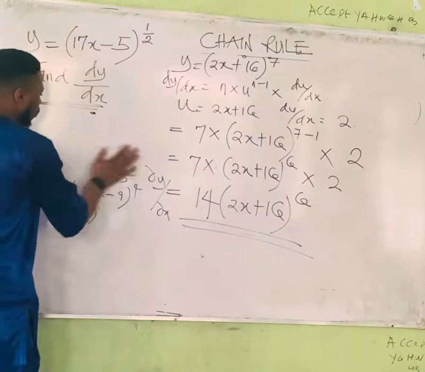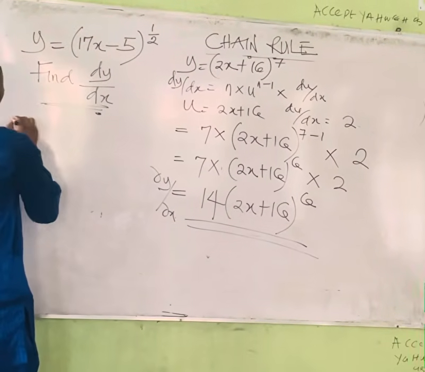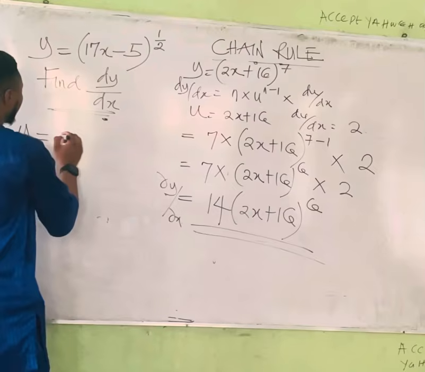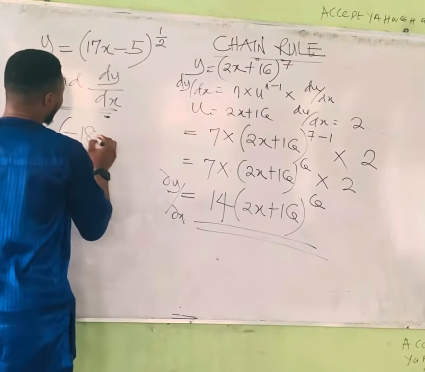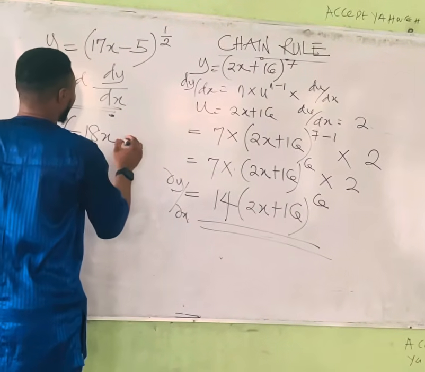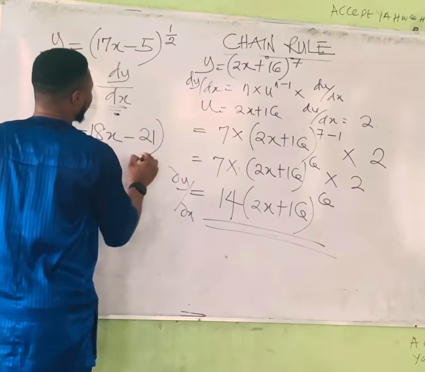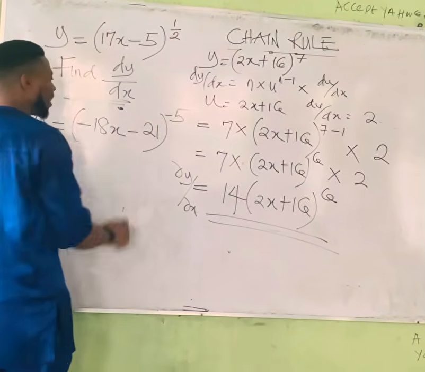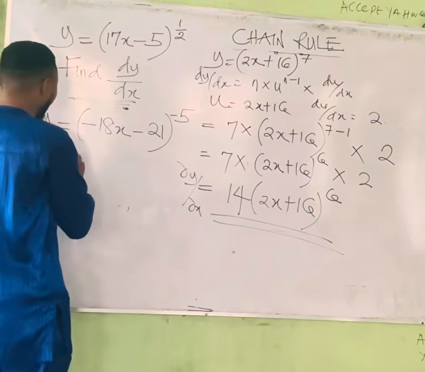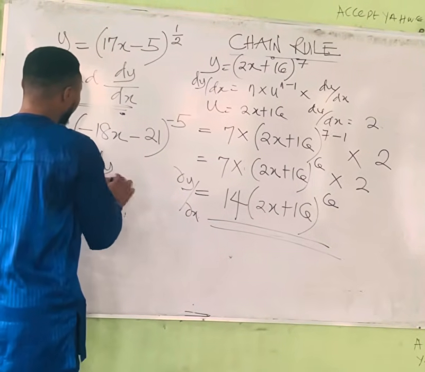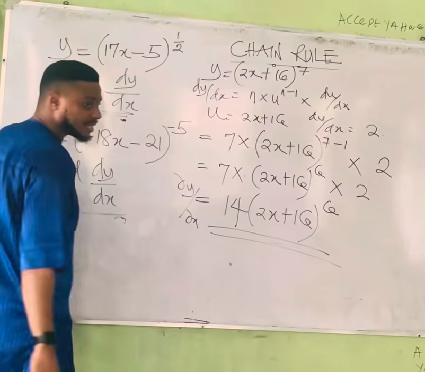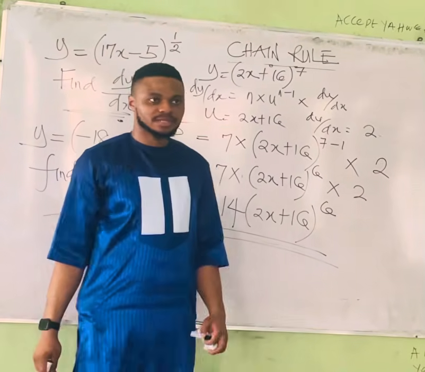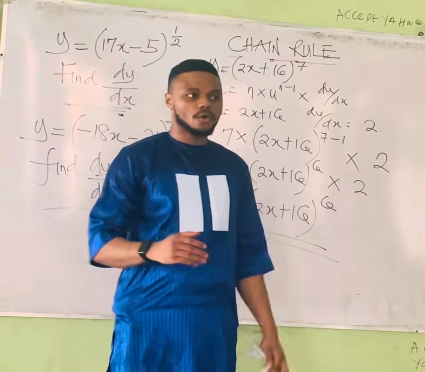You can also try this: find dy over dx for, let's say, minus (18x minus 21) raised to power minus 5. You have something like this as well. Find dy over dx for it. So you try it. Okay, so that is the concept of the chain rule.